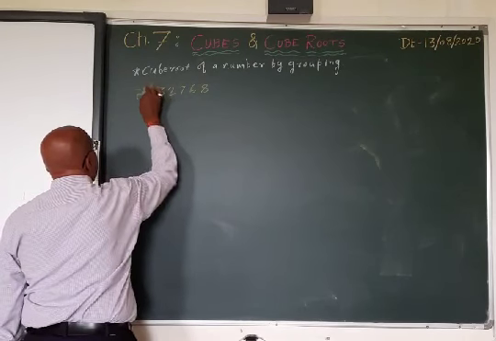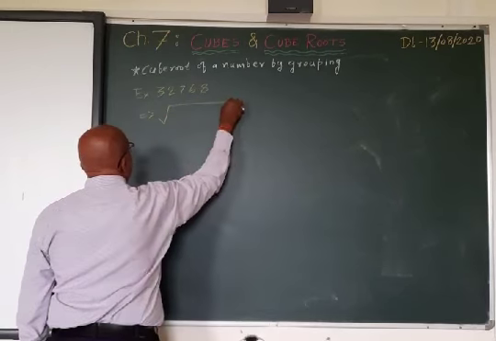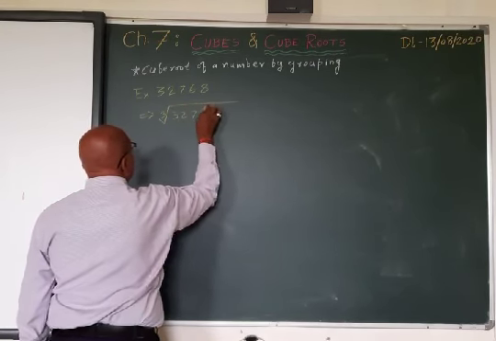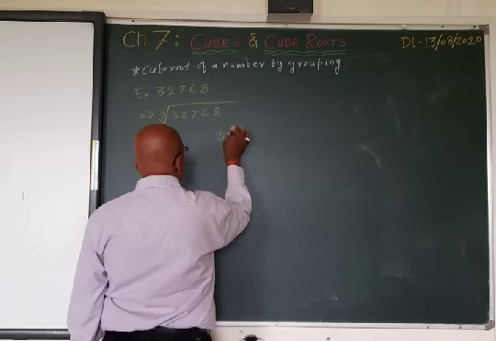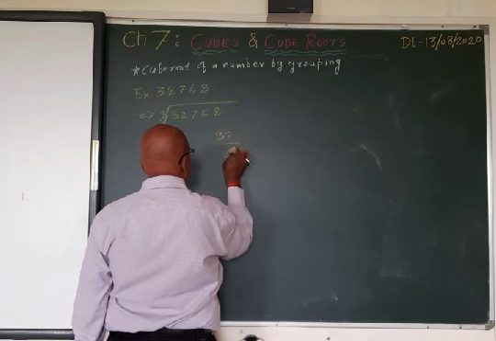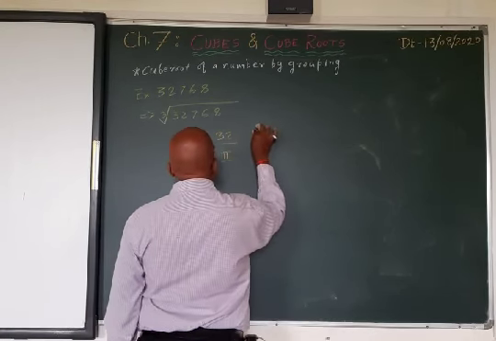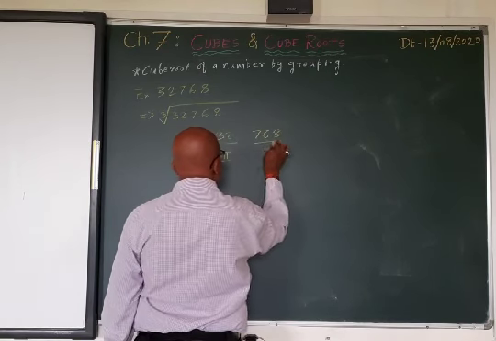You have to find the cube root of this. Cube root of 32768. Again by grouping, we have 32 as the second group, and 768 is the first group.